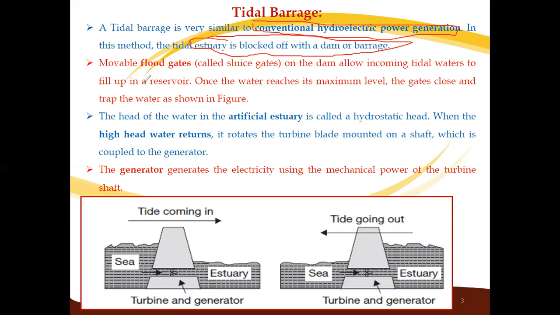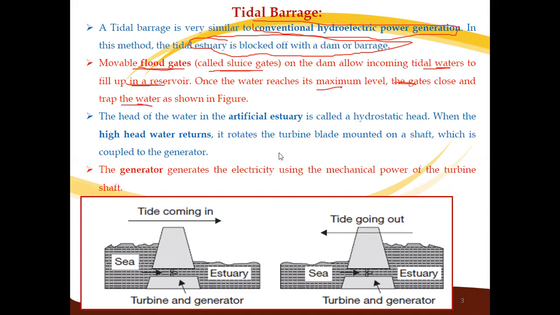There are movable floodgates, called sluice gates, on the dam that allow tidal water to enter and fill a reservoir. Once the water reaches the maximum level, the gates are closed and the water is trapped, as shown in the figure.